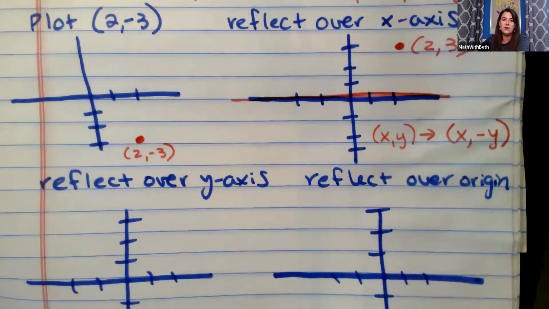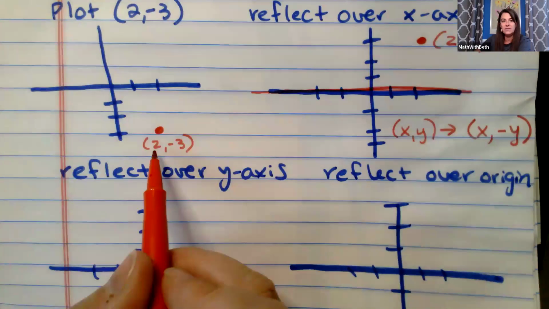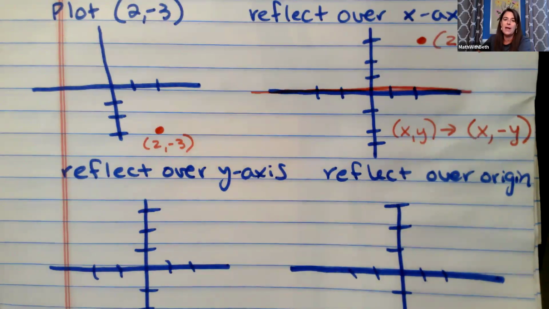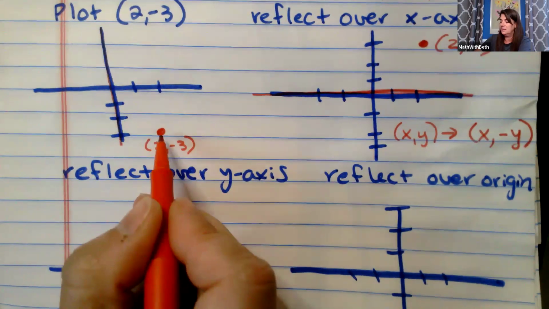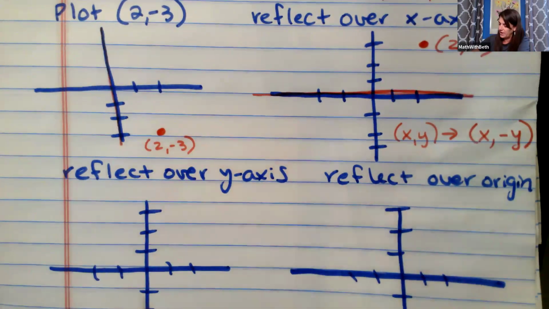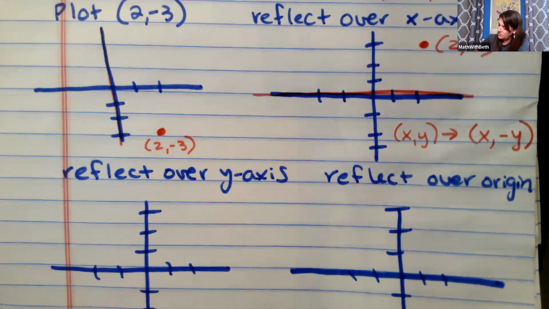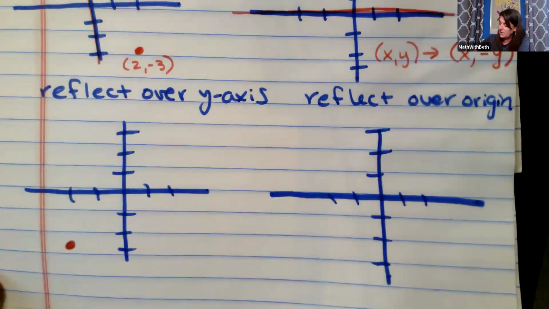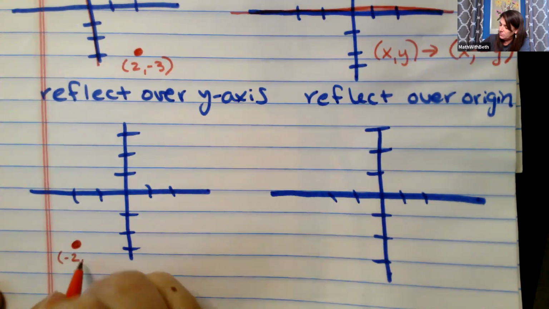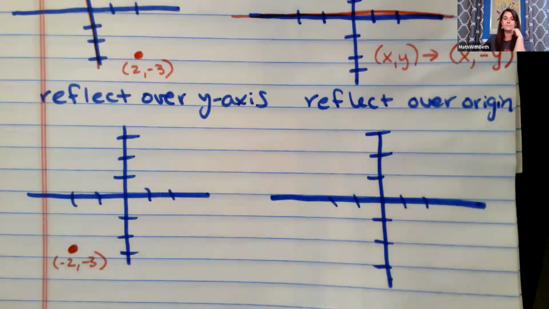Okay, let's start back at the beginning again. So go back to 2, -3, and this time what would happen if we flipped it over the y-axis? It would come over here, right? So that would change it to the point -2, -3.